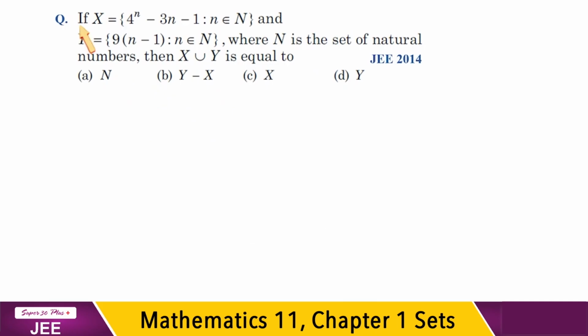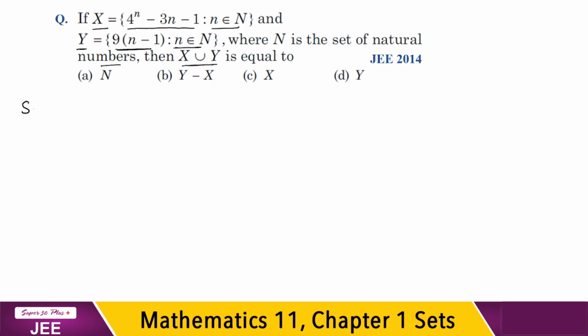This question says, if X equals 4 raised to the power n minus 3n minus 1, where n is natural, so X is this set, and Y is a set such that it is equal to 9 multiplied by (n minus 1), where n is the set of natural numbers, then X union Y is equal to.